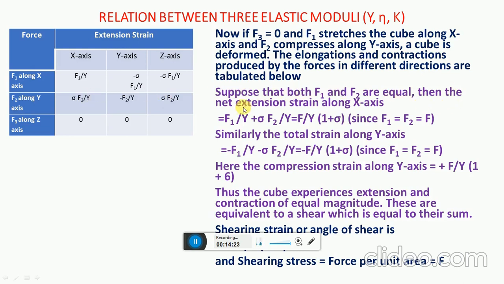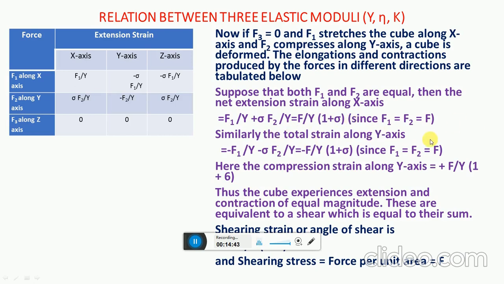Using the same concept, we can obtain the total extension strain along the x-axis is equal to F1 upon Y plus sigma F2 upon Y. Again, F1 is equal to F2 is equal to F. We have F upon Y into (1 plus sigma).